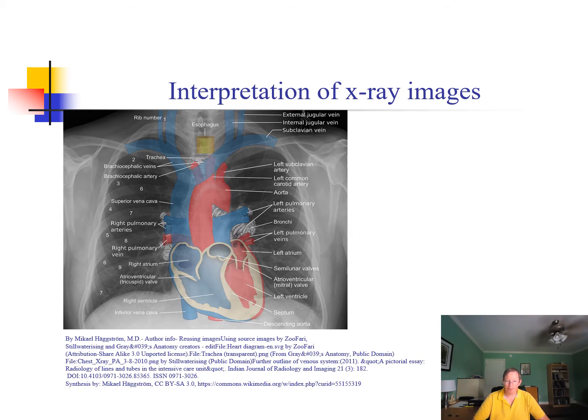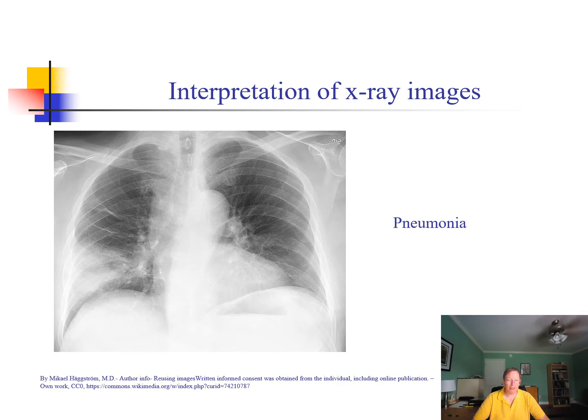All right, so let's look at what this might look like if you have disease. Again, I have my lungs, I have my heart. You can see the aorta quite prominently here. You see the trachea going down and then bifurcating right here, going off to the left and to the right. But if you notice over here, this is darker and there's an area of whiteness.